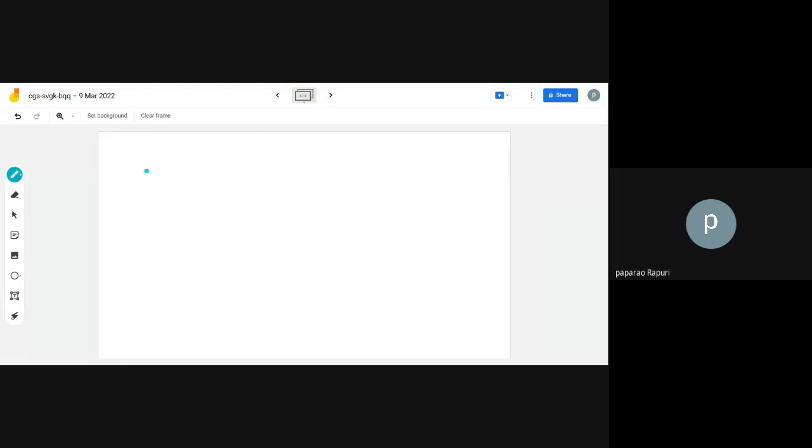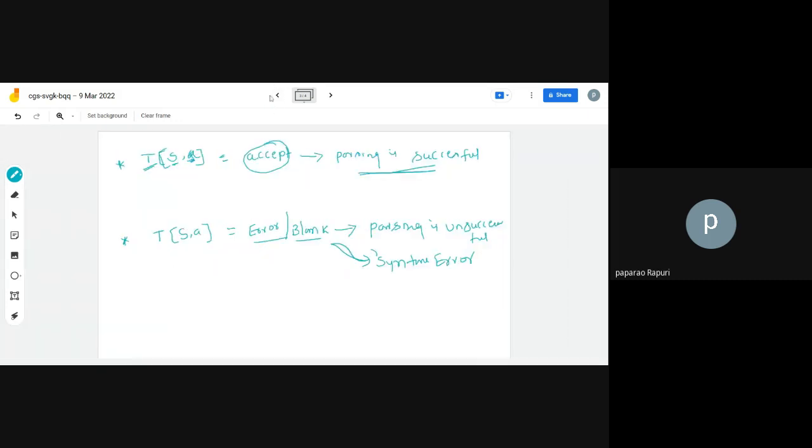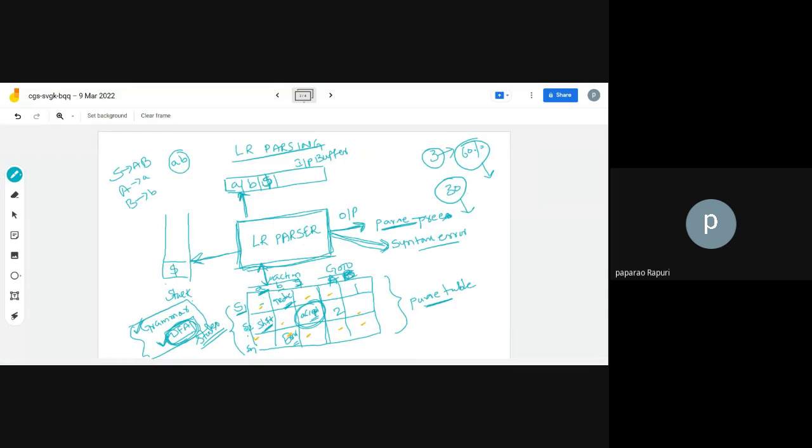The other two cases are T of S comma A equal to shift J, that is, states like S1, S2.